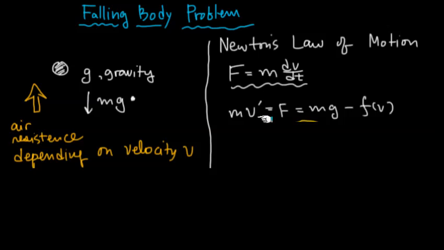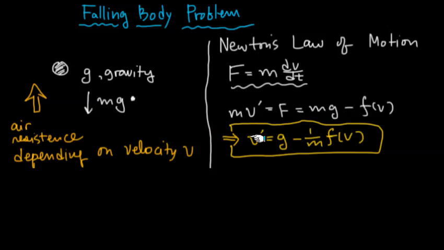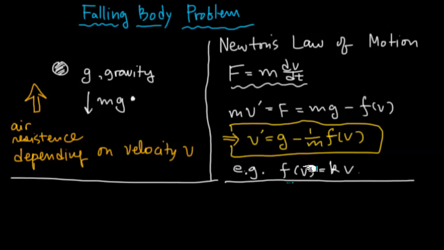Because of this generality, it's not necessarily linear. We may write it in the standard form by dividing both sides by the constant m, and we arrive at this form. Typically, textbooks start with a simple example where the air drag is directly proportional to the velocity, so f(v) can be kv this time.